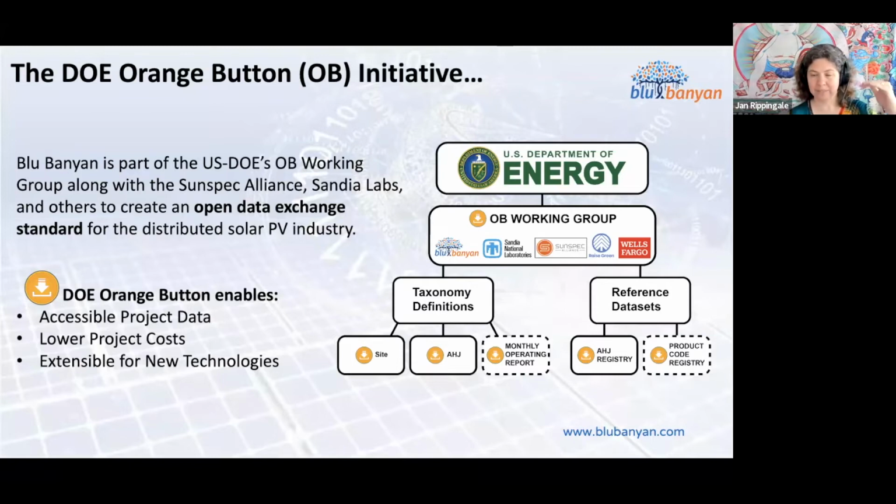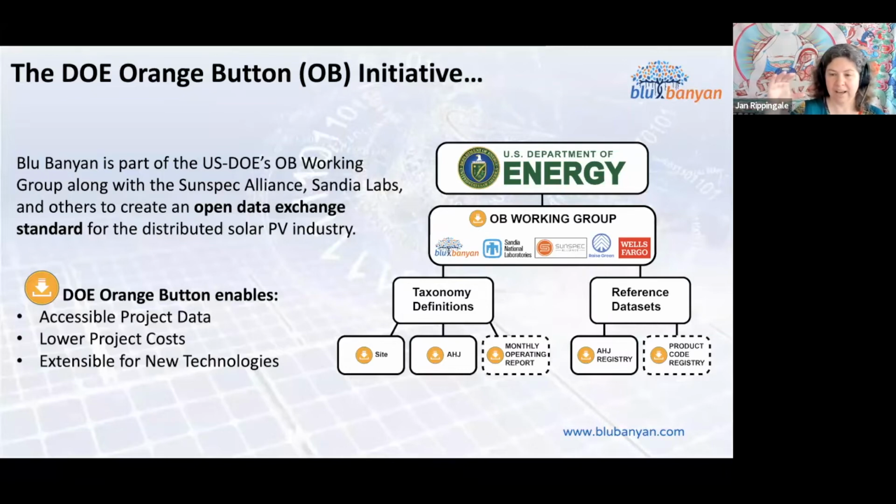One is the taxonomy definitions. This is literally about having a common language for the terms we use, so that we're always speaking the same, very precise language, which brings clarity about what we're doing. Then, as we went to deploy this, we found that we needed common reference sets for data.